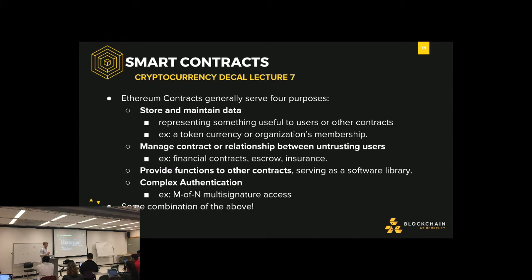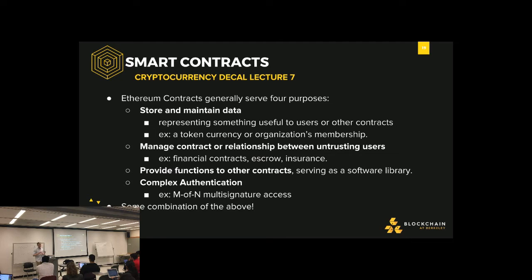So there are other contracts that are essentially acting as software libraries. This is kind of an obvious case, I guess. And then there are other contracts that do more complex authentication. In Bitcoin, we've talked about M of N multi-signature transactions. So you need M parties of an N-sized group to cooperate to perform some function or send some money somewhere.